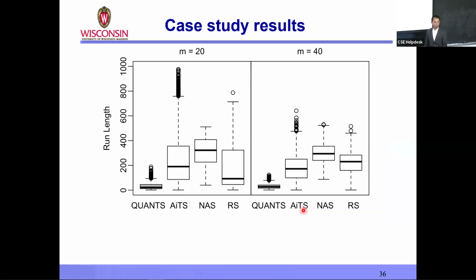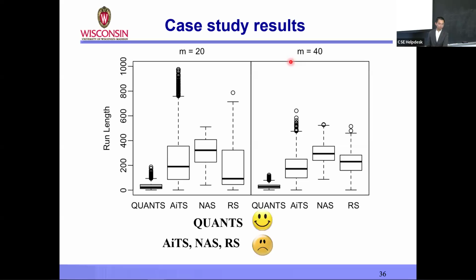And similarly, we have the box plots for the out of control run length under two different scenarios. This scenario is m equals 20, which is around 5% of the total streams. So we only have 5% of monitoring resources. And this one is around 10%. As you can see, as m increases, we have more resources, and we can detect the mean shift quicker for each method.